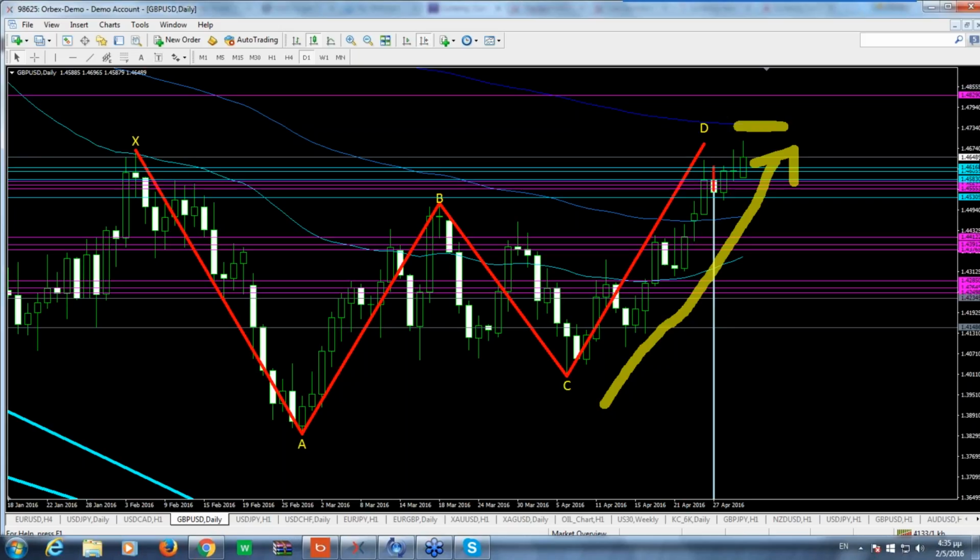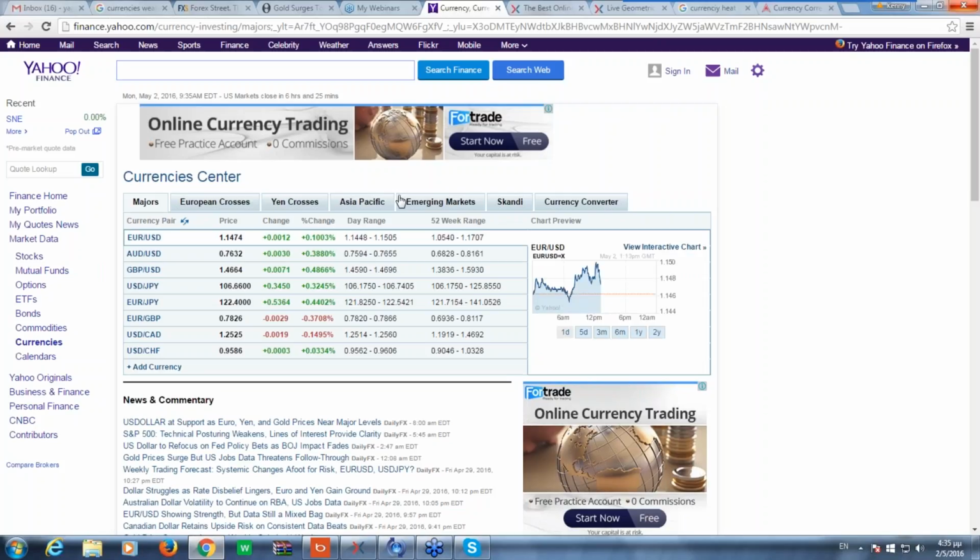We would need to also look at, give me a second guys. Okay, let's look at what I've been looking at here. Just roughly on the Yahoo Finance page under currencies, we've got a currencies center here, and if you look under the change column, we have got appreciation and depreciation of certain pairs in percentage.